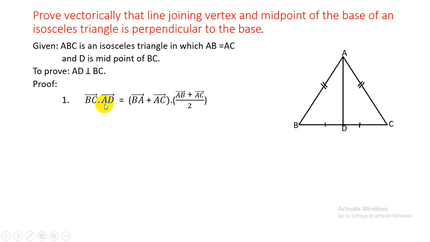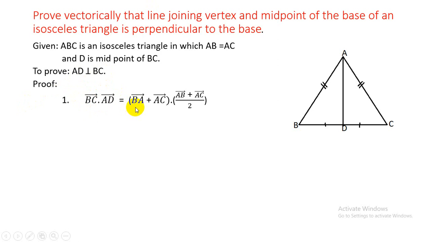If BC dot AD is equal to 0, then we can say that AD is perpendicular to BC. So we are taking BC dot AD.